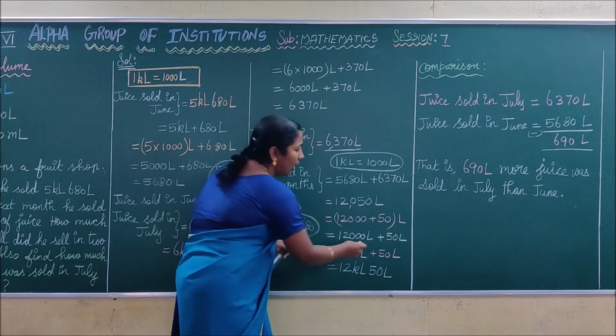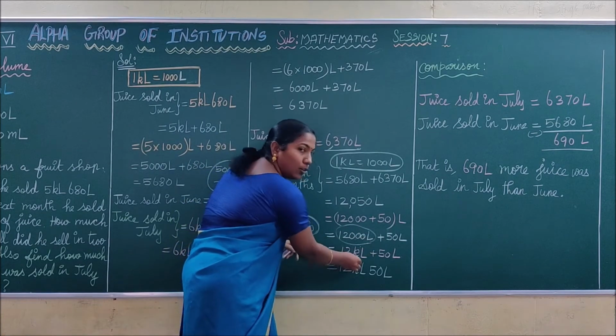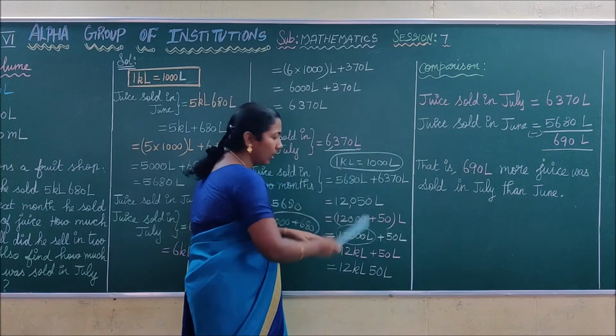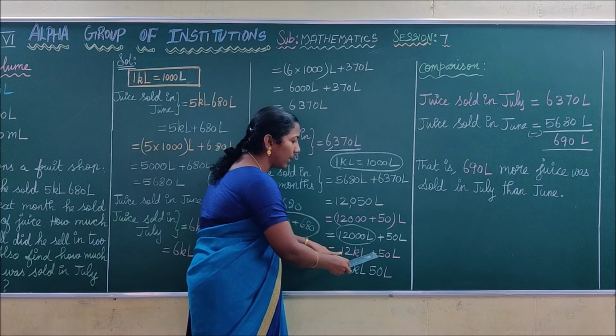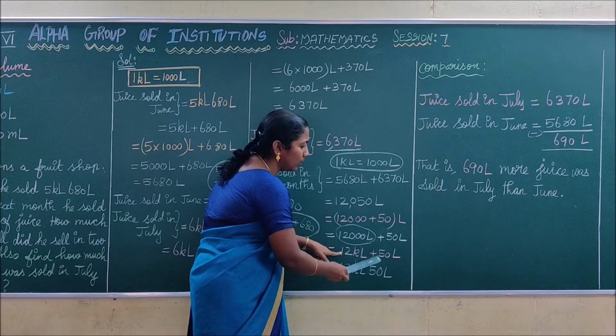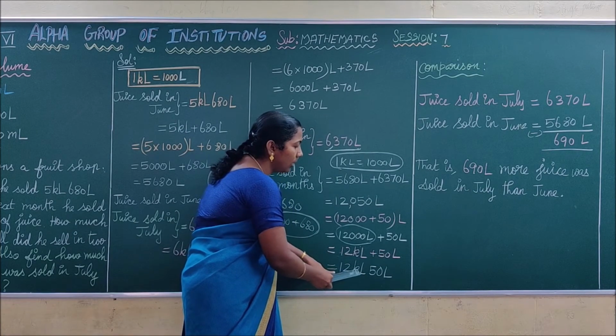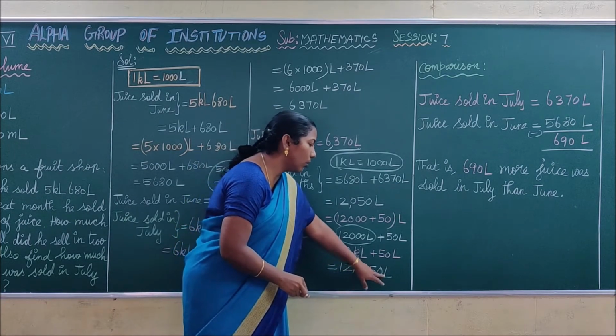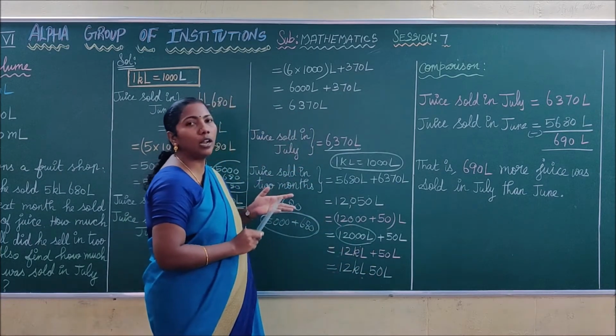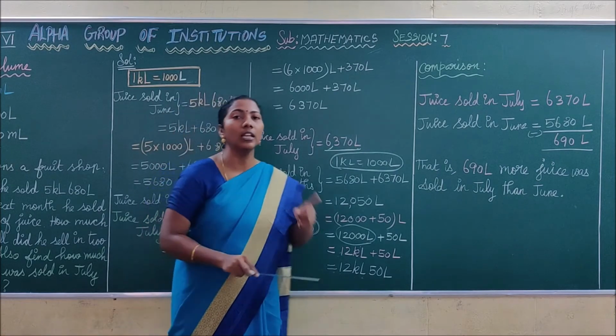Do you understand, children, how this term is converted into kiloliter? Thus 12,000 liter we can rewrite as 12 kiloliter plus 50 liter. Now we remove this plus symbol and write it as 12 kiloliter 50 liter. This is the quantity of juice sold in the 2 months, that is June and July. Thus we have the answer for the first question.